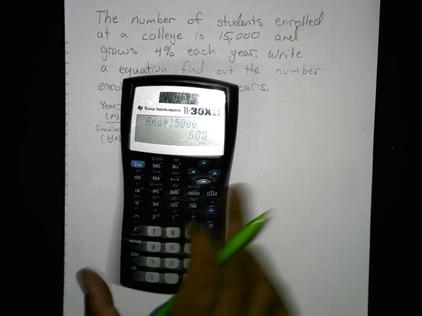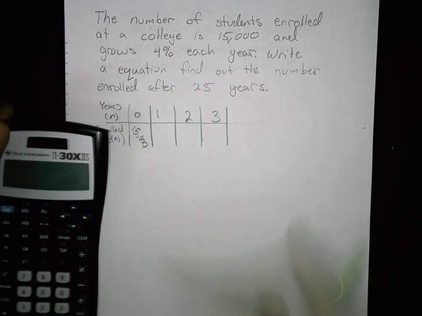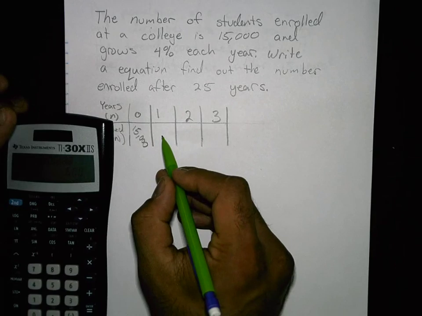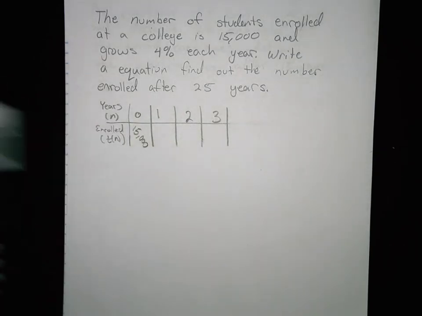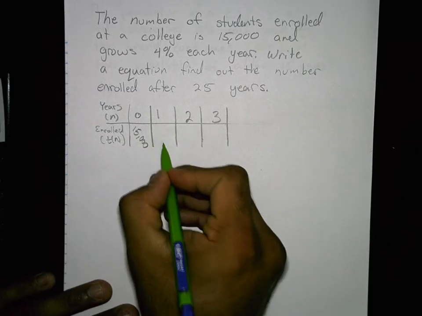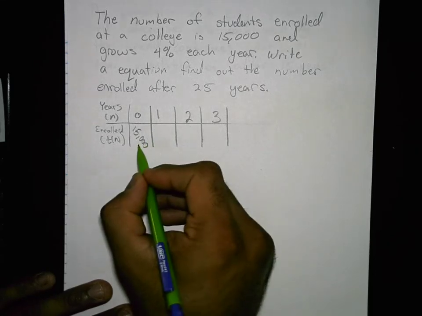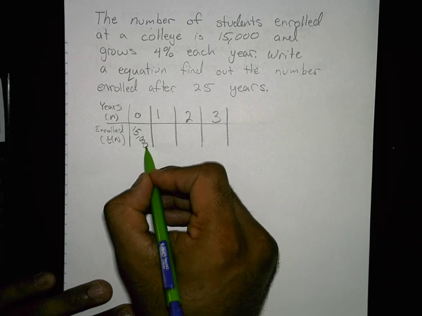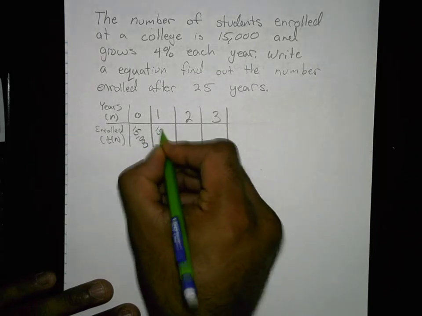is 600. So if I want to figure out this first year after the fact, it's not 600, right? It's increased by 600. So it's 15,000 plus 600.